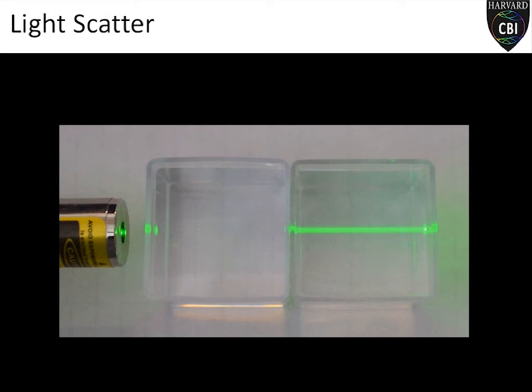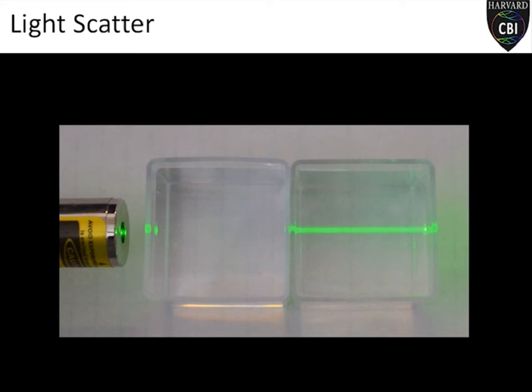Whereas in the cube on the right-hand side, the laser beam, as it passes through that cube, is clearly visible to the camera. This means that as that laser is traveling through the cube, it's coming in contact with something that is scattering it, and it's scattering that light out towards our camera. In reality, it's scattering it in all directions.